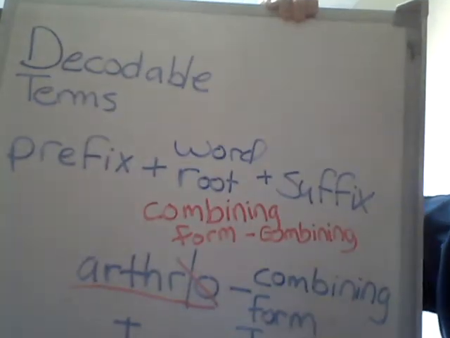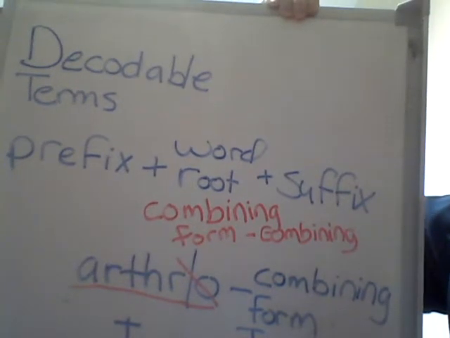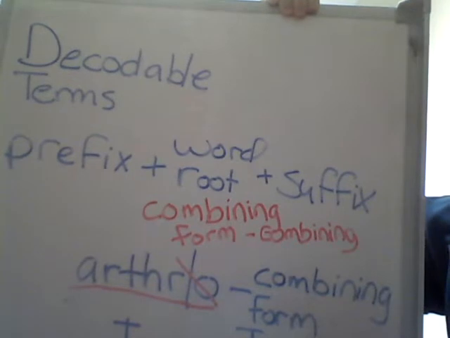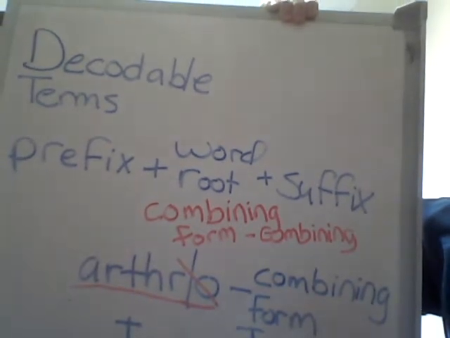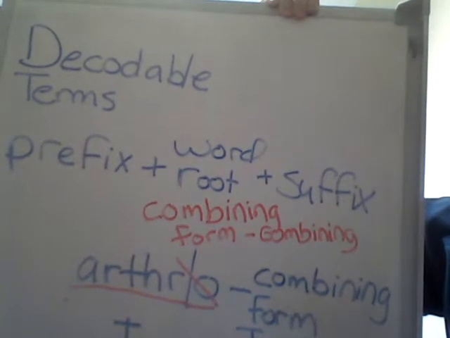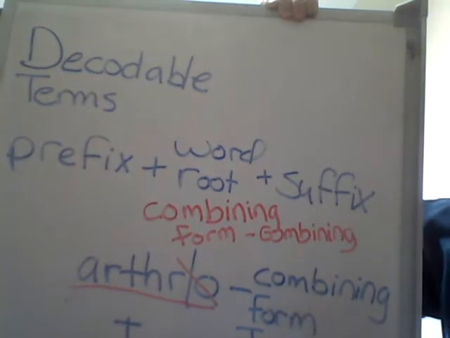Now, not all words will have a prefix, a word root, and a suffix, but they will all have to have a word root, something that gives the word its underlying meaning. It may lack a prefix, it may lack a suffix, but typically the combining form will have either a prefix or a suffix.